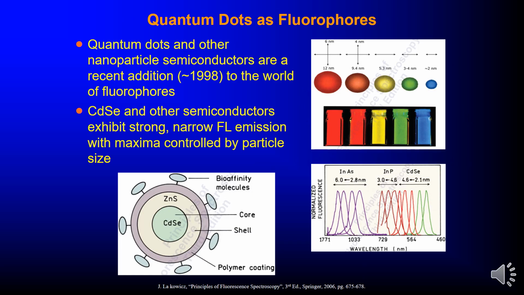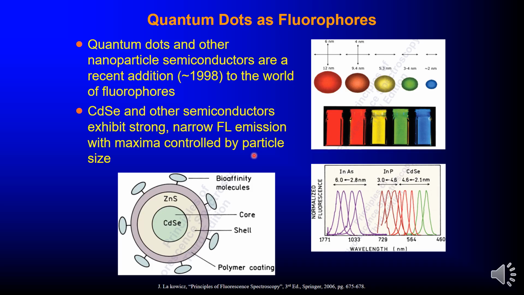Quantum dots as fluorophores. Quantum dots and other nanoparticle semiconductors are a recent addition. Cadmium selenide and other semiconductors exhibit strong, narrow fluorescence emission with maxima controlled by particle size.